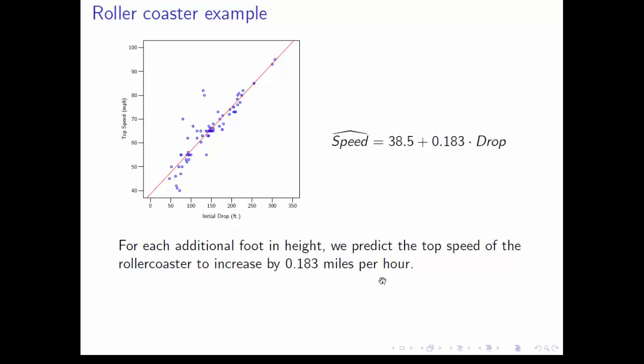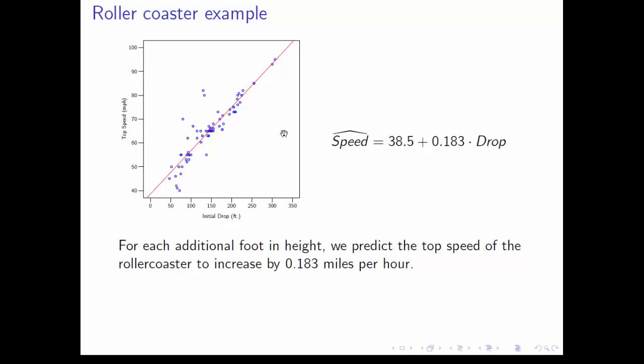0.183 miles per hour. That's a really interesting number because it allows a roller coaster designer to think things through. If we build a roller coaster 10 feet higher, how much kick will we get out of that increase in height? How much faster will it go?